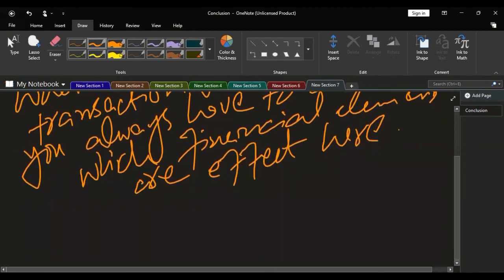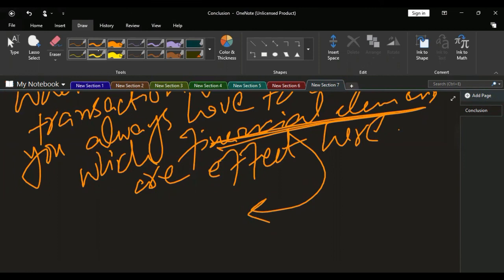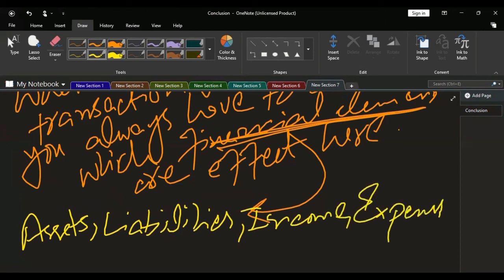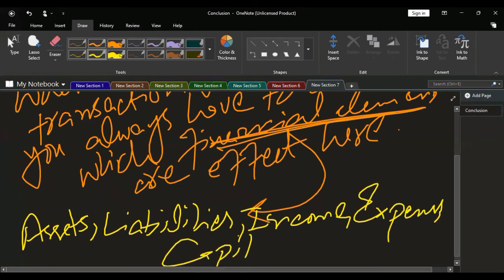You already know that financial elements are five types of elements. First one is assets, second one is liabilities, income, expenses, and capital.